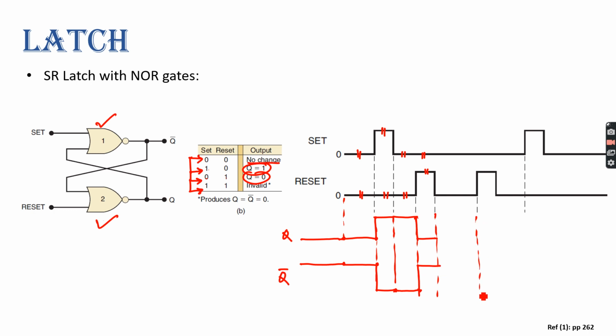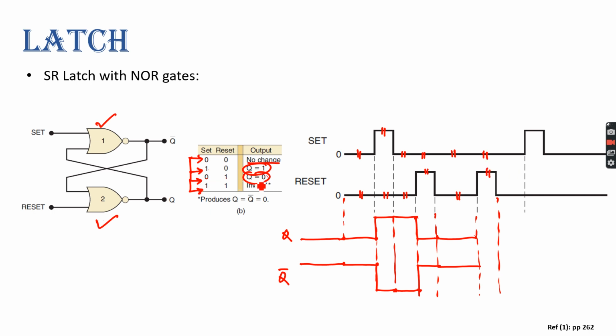Again, here you can see this is 0 0. 0 0 meaning no change. No change means 0 will remain 0 and 1 will remain 1. So here you can see set is 0 and reset is 1.